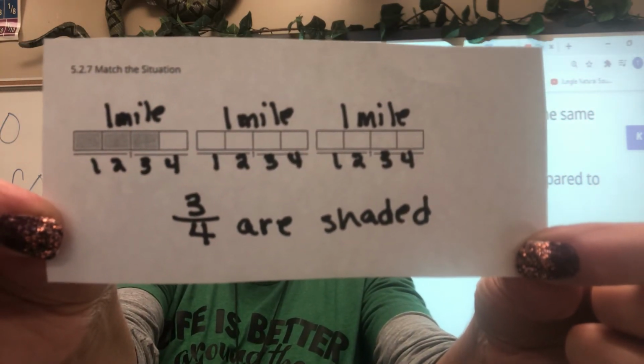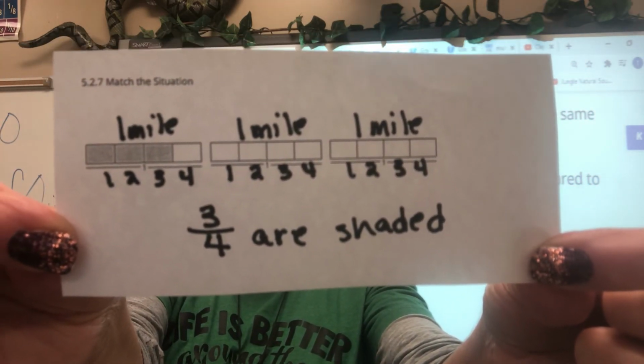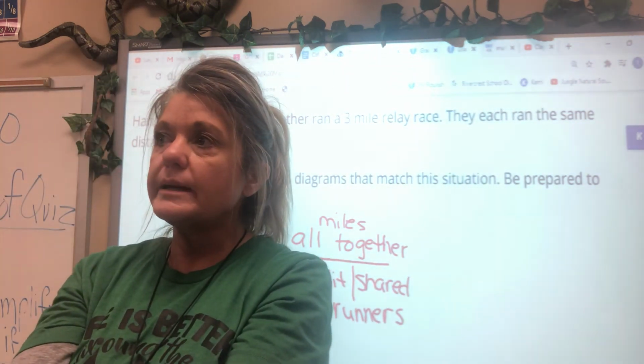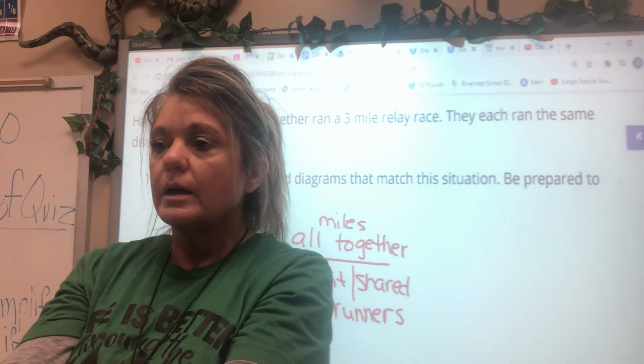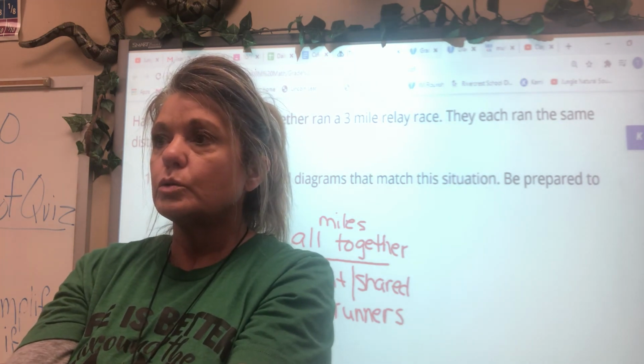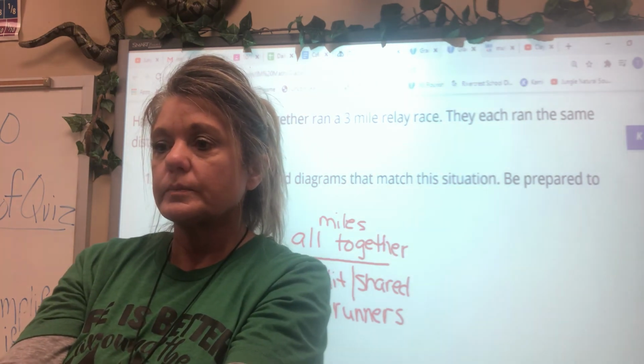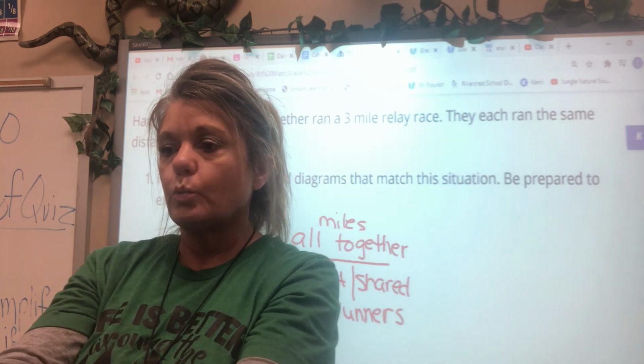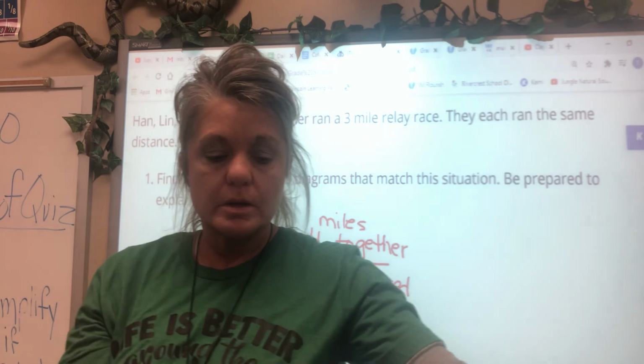So then we have to look at the shaded part. So we know that each little box would have been 1/4. And then if we look at how many are shaded, 3 are shaded on this one, and each one is 1/4.